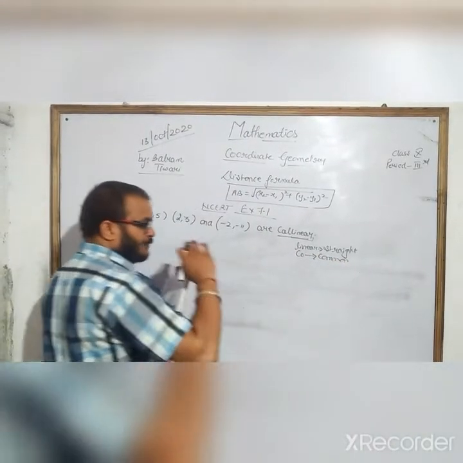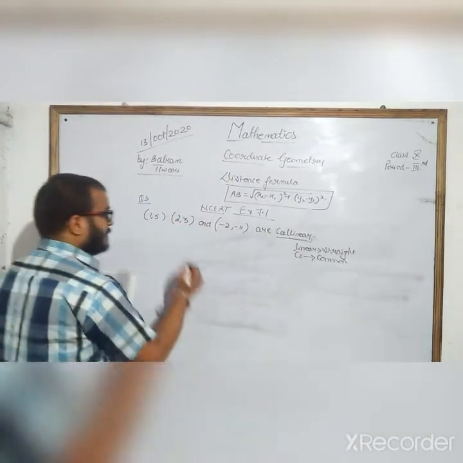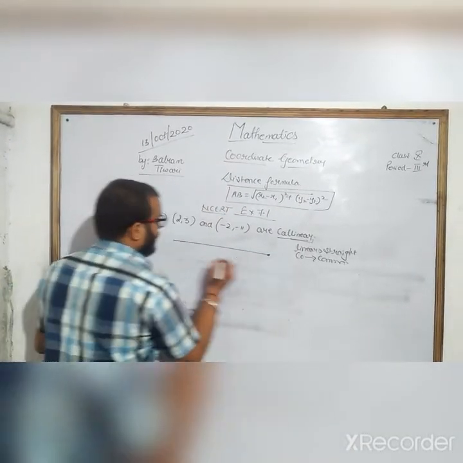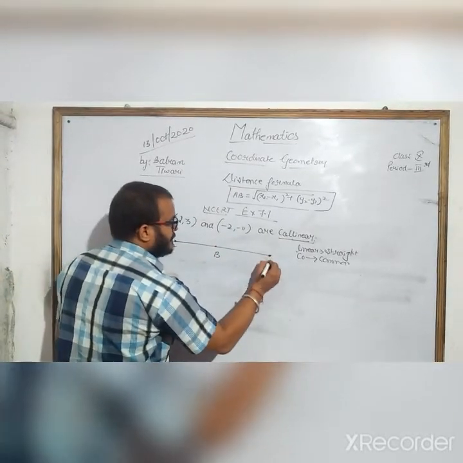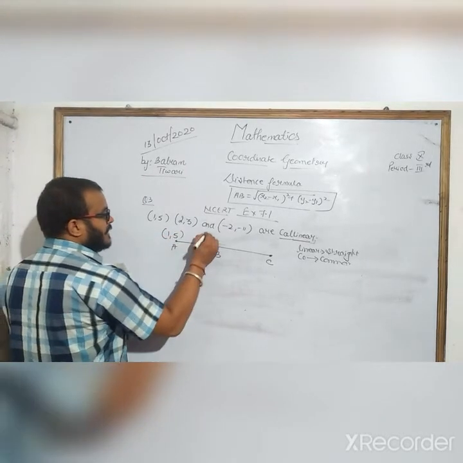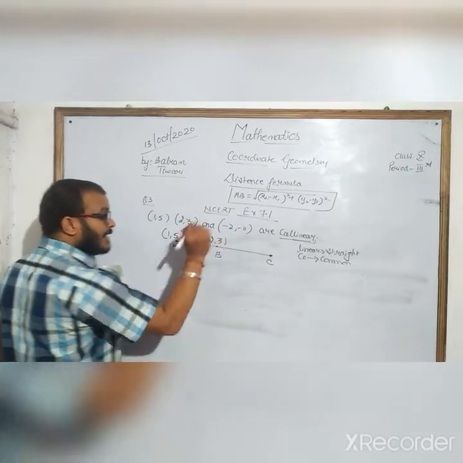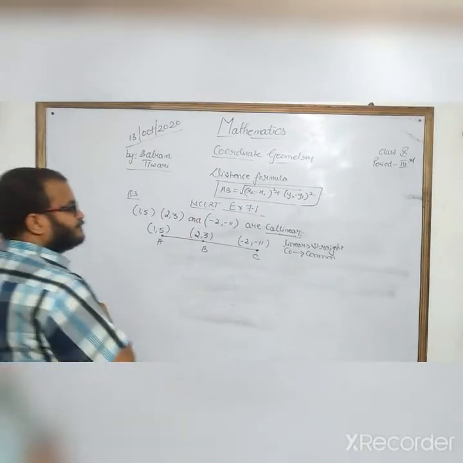It means the points lie on a common line. There is one line like this with the points A, B and C, and they lie on the same line.